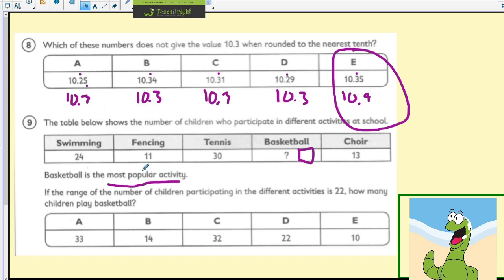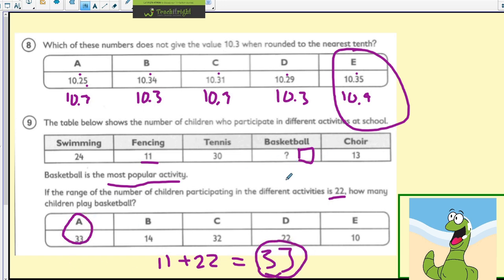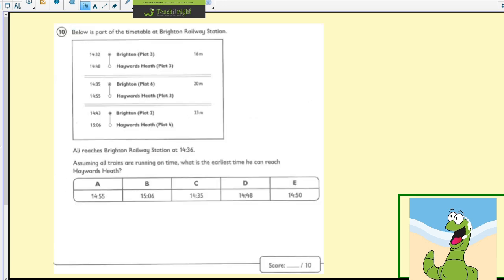So if I take the smallest and add the range, I will get the largest number. That means the largest number is 33, and is that the largest number? Yes, it is. So my final answer is A, 33. It's about range being the biggest take away the smallest, so I went in reverse. 33 take away 11 does give us the range of 22. So just check it out there.